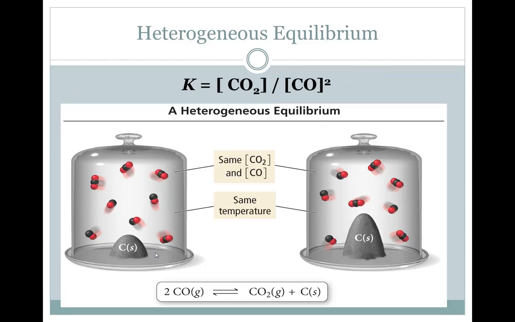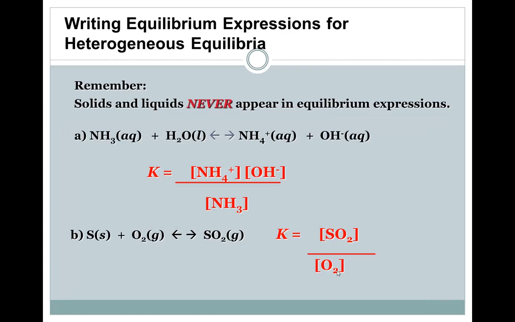So here's another visual. Even though the carbon is increasing, none of it's floating around in solution here. So there is no actual change in the concentration. So remember, solids and liquids never appear in the equilibrium equation.